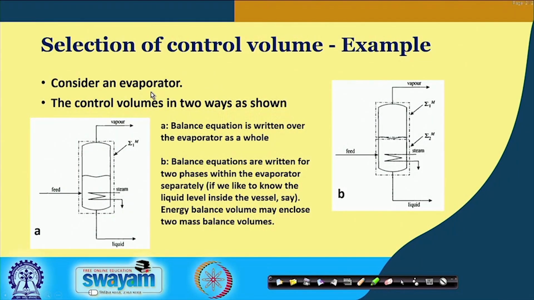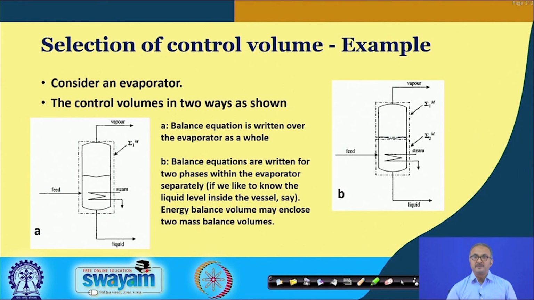And here, as I was telling you, this is an example of an evaporator where we find that energy balance and mass balance control volumes may be different. So, in the first figure, we are taking the control volume as the overall evaporator, and in this evaporator some feed is coming, and feed is liquid generally, and this is being heated up with some steam, due to which the liquid is converting to vapor.